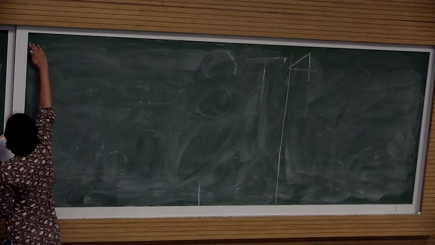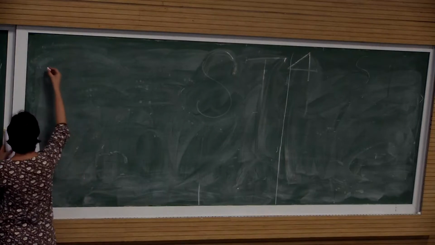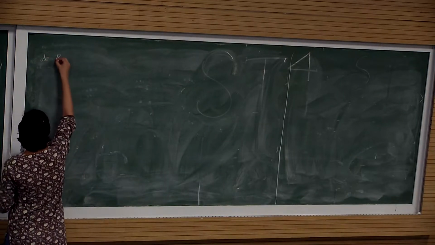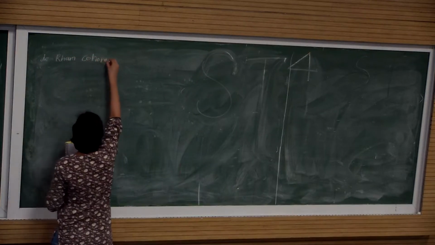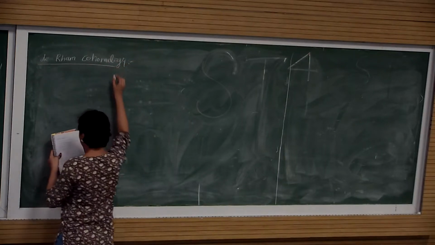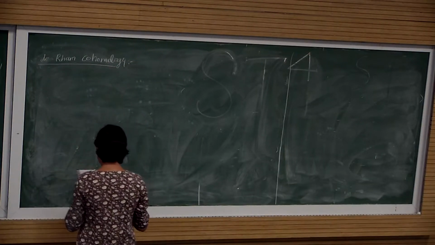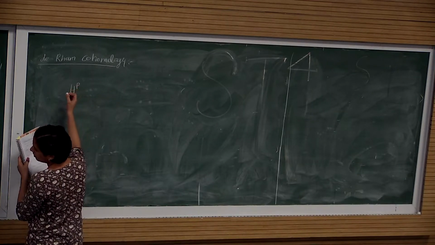We can define the dual vector space to that, which is called de Rham cohomology. All these indices should be lower, because homology I am denoting by lower scripts.